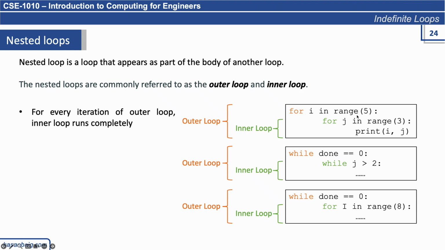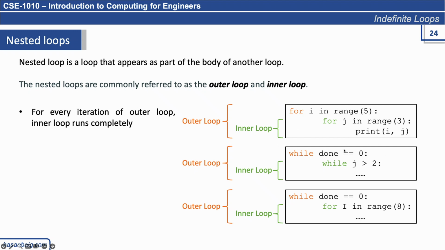For every iteration, this inner loop will be running 3 times. So when the i value is 0, the j value will go 0, 1 and 2, which means that for every iteration of the outer loop, the inner loop completely runs. Once it is finished, then the next iteration of the outer loop starts.